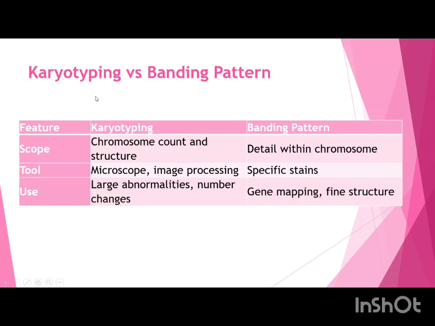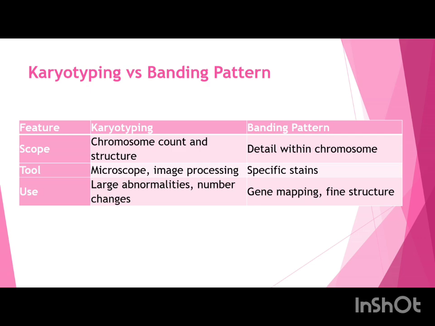Now, when we talk about karyotyping and banding patterns, if you compare them, karyotyping is chromosome count and structures, whereas banding pattern is the detail of one chromosome. We can use microscope and image processing. In banding pattern, we use specific stains. Karyotyping gives large abnormalities and number changes, whereas banding patterns are more specific.